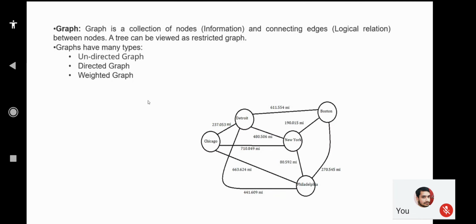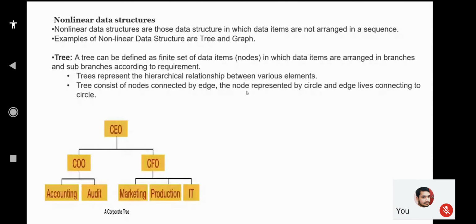So all trees are graphs, but graphs are not trees. Is that clear? Because a graph contains a cycle or loop, but a tree does not have any cycle or loop.